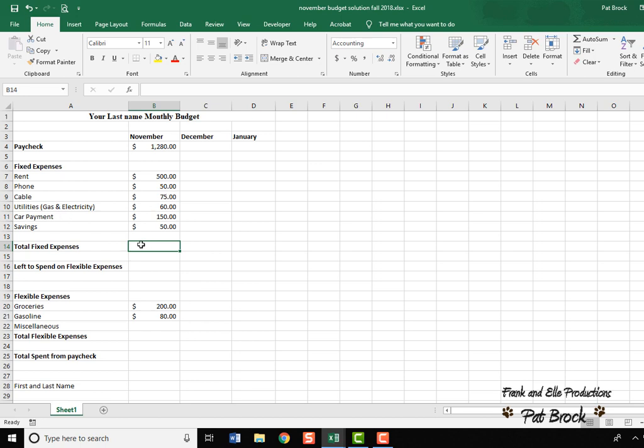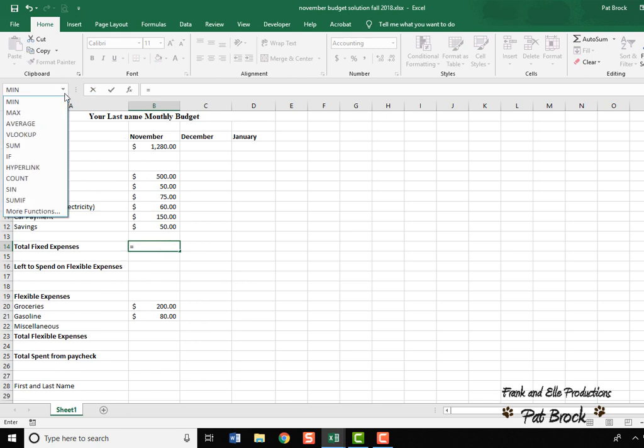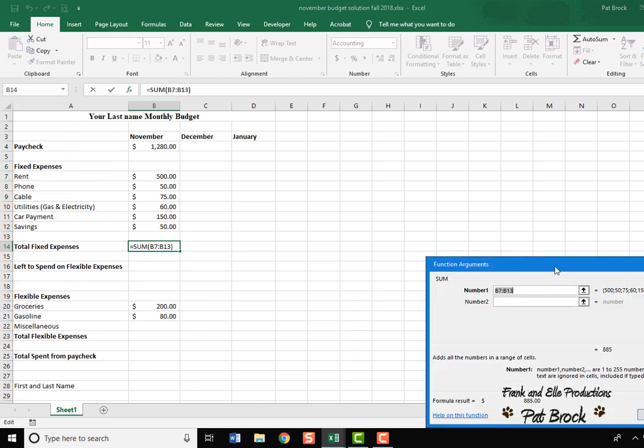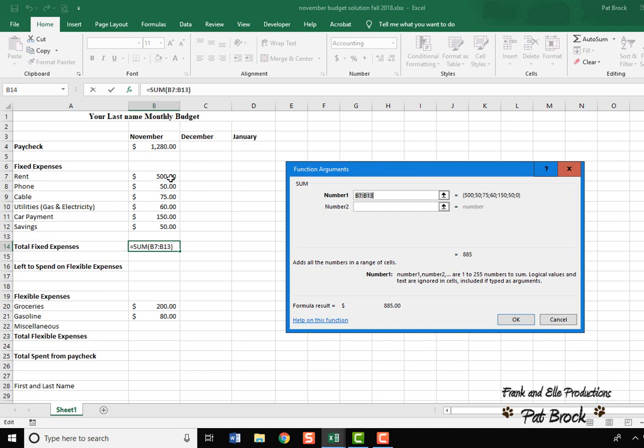To figure your total fixed expenses, it's equal sign. Every formula begins with the equal sign. We're just going to add these all up. They're in cells B7 through B12. So I can say equal, and I'm going to go over to my formula bar here: Sum, because I want to add them up. What is the very first one? It is in cell B7.